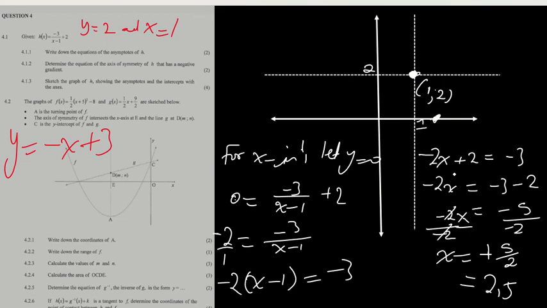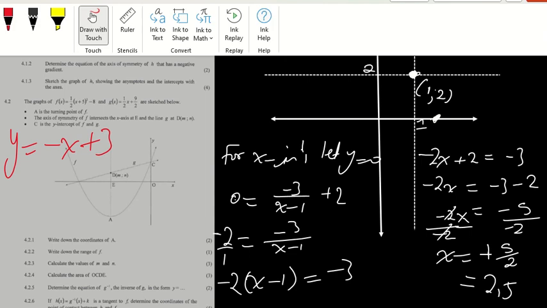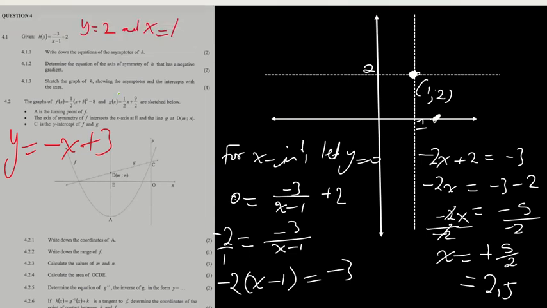So I will just draw my graph in green, because I don't want to erase this. However, it seems like I'll have to erase it either way, so let me just do that now.